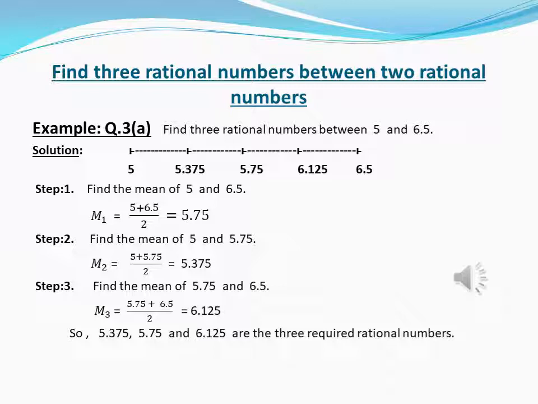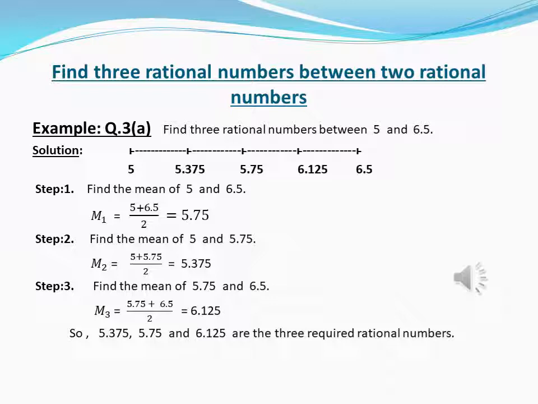In step 1, we find the mean of 5 and 6.5 and we get 5.75. We call it M1. 5.75 is the mean of 5 and 6.5, so it is in the middle of 5 and 6.5. In step 2, we find the mean of 5 and 5.75 and we get 5.375, which is in the middle of 5 and 5.75. We call it M2.